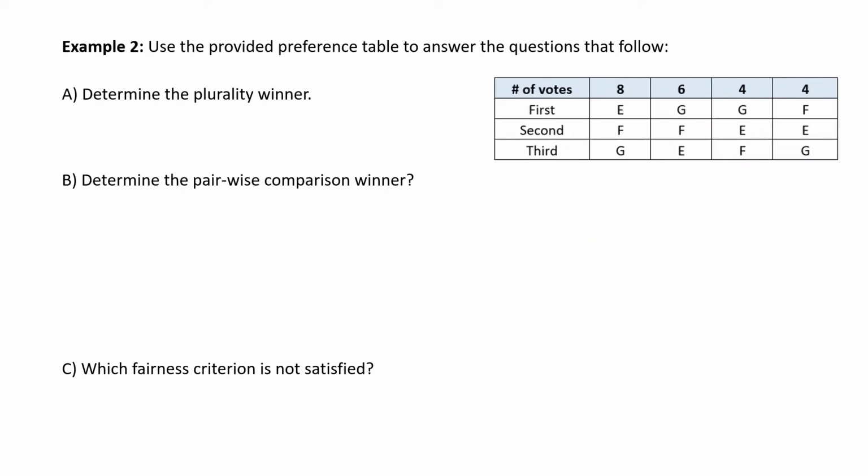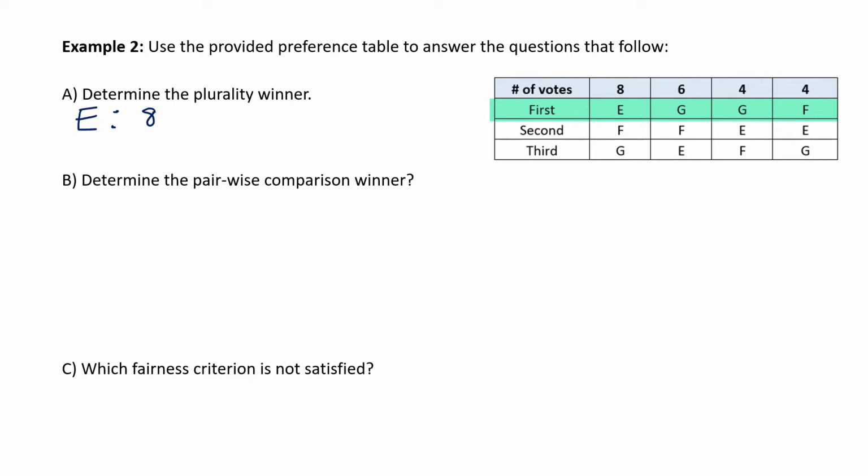Example, use the provided preference table to answer the questions that follow. Determine the plurality winner. To do that, we need to count of the candidates how many first place votes they got. Reading from the left to the right, I'll start with E. E has 8 first place votes.